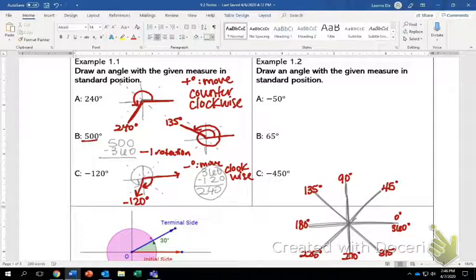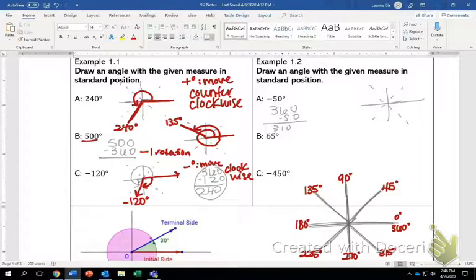So I'm going to do letter A right here just one more time. I'll let you guys do B and C, and you can compare your answers on my teacher answer key, which is online. So again, draw your coordinate plane, put your little separation marks, negative 50. It's hard to work with when it's negative, so I'm just going to subtract it from 360, and I should get 310.